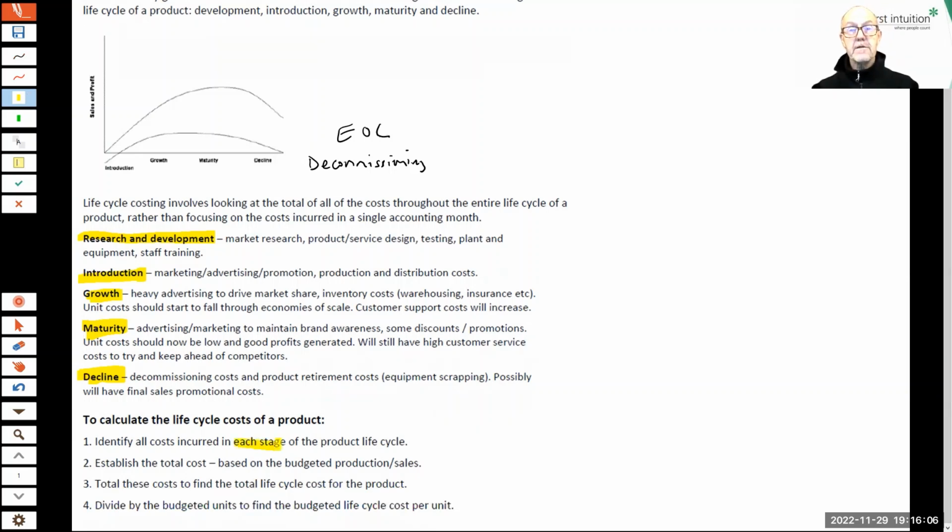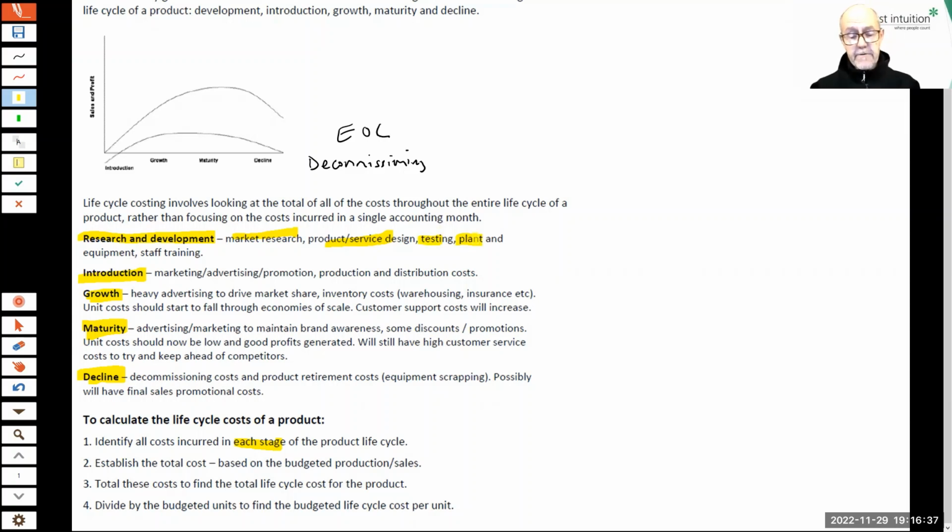So the costs, even before you start designing a product, somebody's got to decide whether or not anybody really wants it. So there's even costs like market research. Then we've got to design it. Once it's designed in rough, that design's got to be refined. We've got to test it. Once we're happy with our design, we've got to build somewhere to create it.